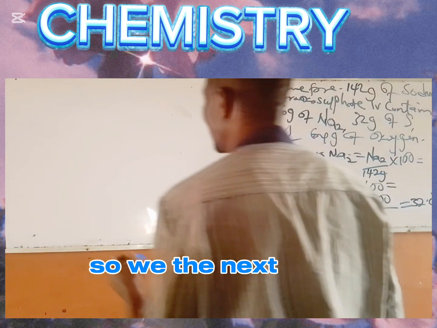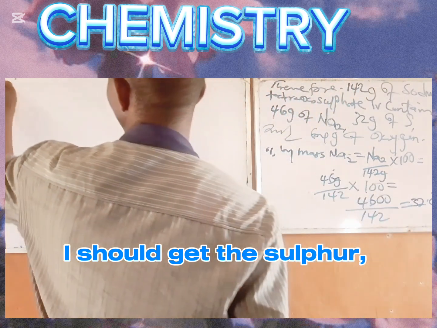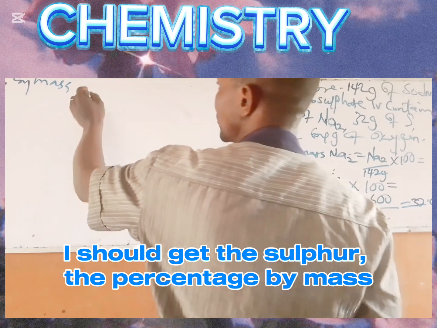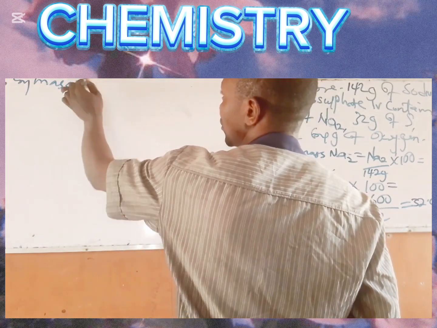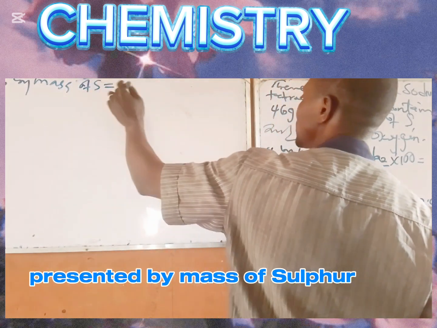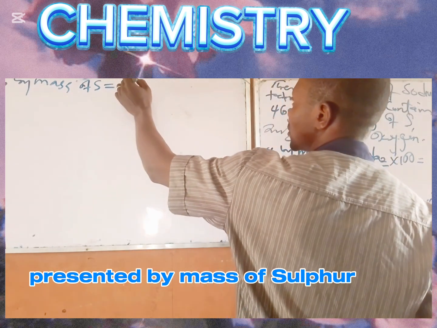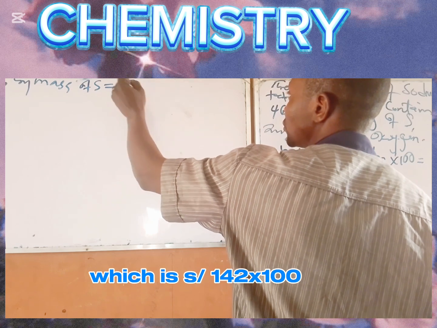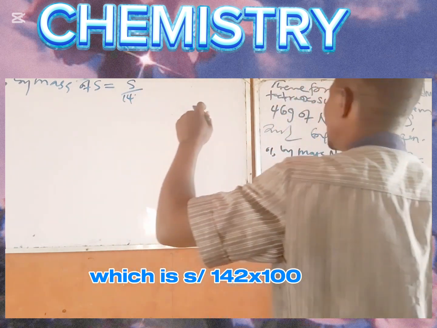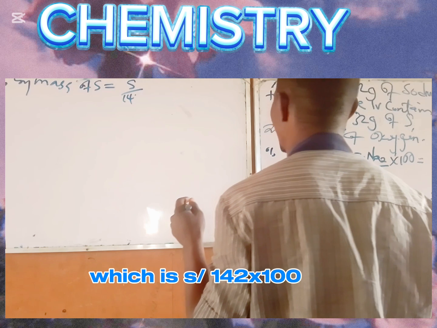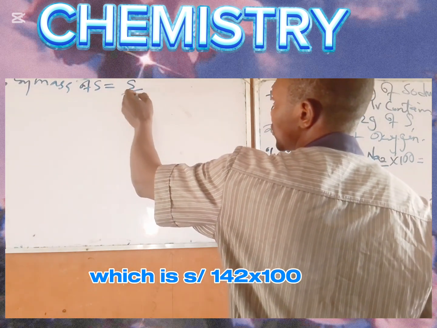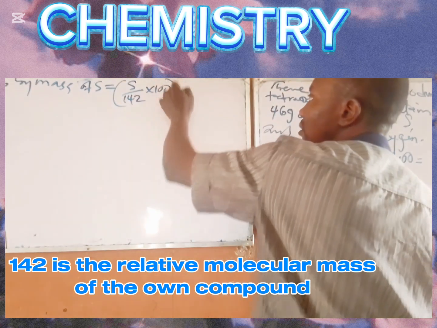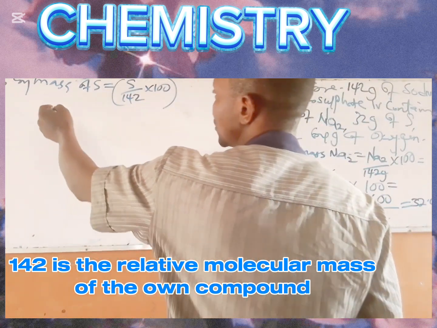So the next thing now is to get the sulfur percentage by mass, which is X all over 142 multiplied by 100. 142 is the relative molecular mass of the whole sodium tetraoxosulfate 6 acid.